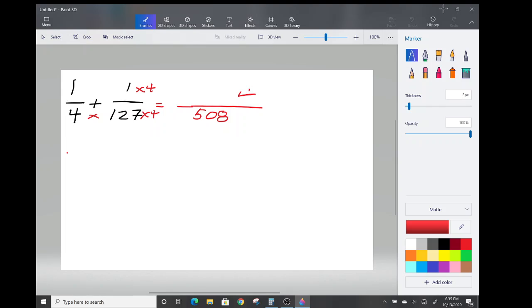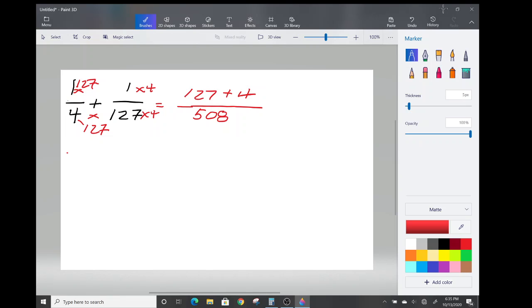So that's 4 plus, and then we have to multiply this times what? 127 to get 508. So 1 times 127 is 127.